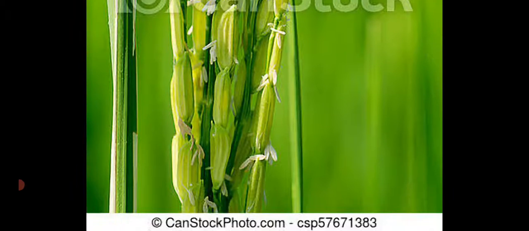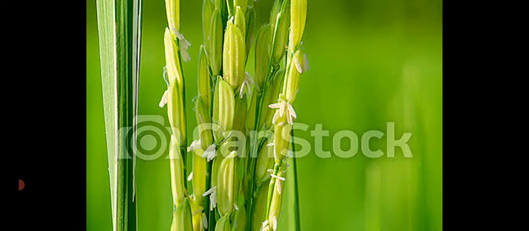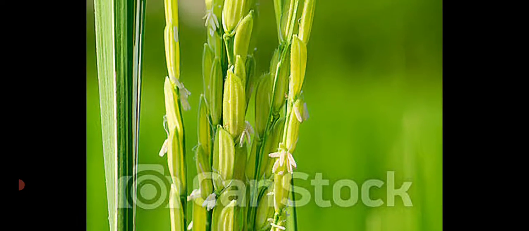In the arrangement, there is a bract at the base of the inflorescence axis known as glume. Then each flower possesses a bract known as lemma and the bracteole known as palea. So this is an example of spikelet inflorescence, example wheat.